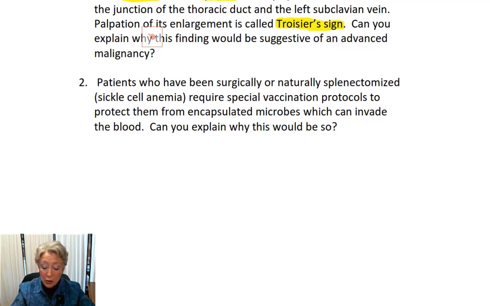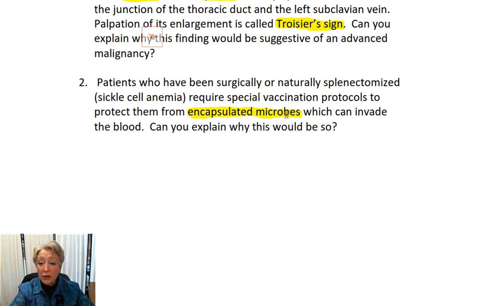So, can you explain why this would be so, and why in particular it would be the encapsulated microbes that would be a problem to a patient who has lost their spleen? So pause your video and think this through, and then when you're done, we'll come back.